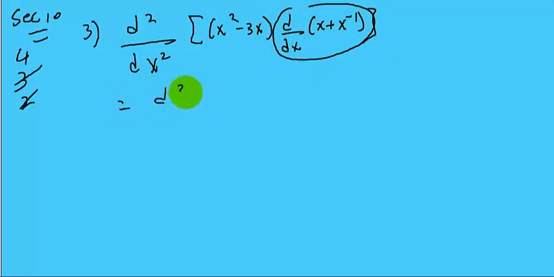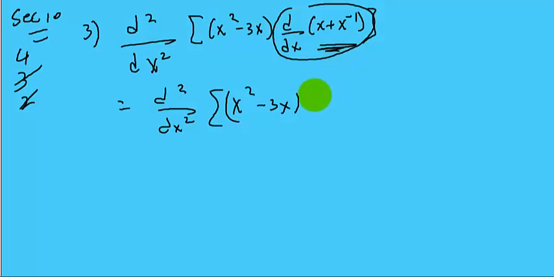So this is d squared dx squared, all that times x to the second minus 3x. And then when we take the derivative of that, that's going to turn into 1 minus x to the negative 2. Any questions? Not yet. Only thing I've done is this part right there.